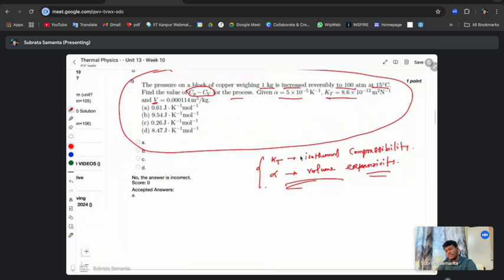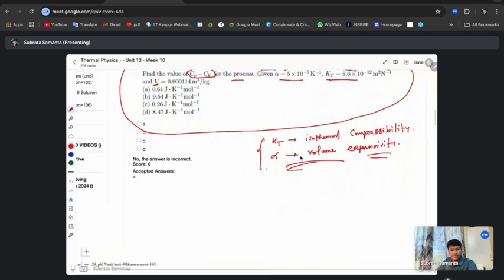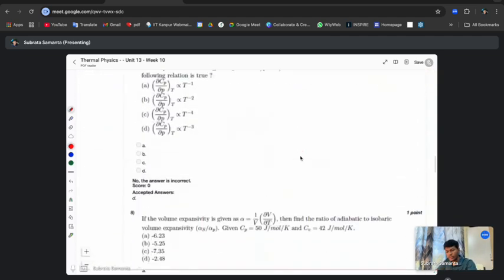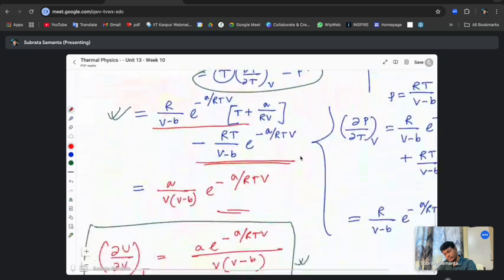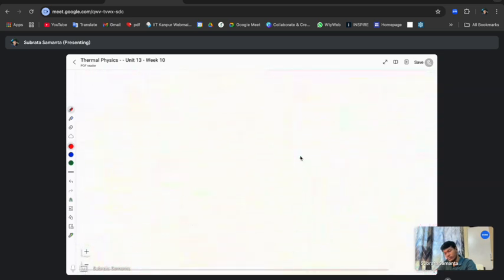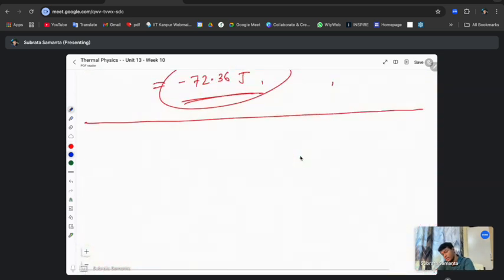So first we derive Cp minus Cv in terms of these. It's problem number 3. So what is Cp? Cp is del Q over del T at constant pressure.